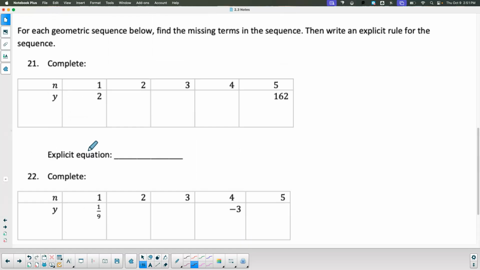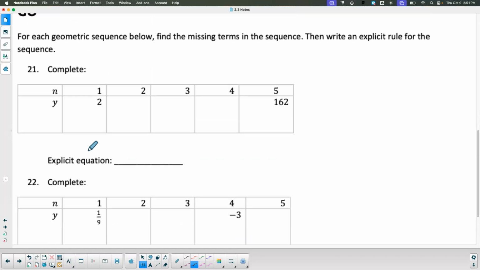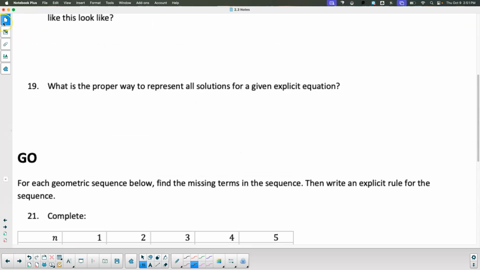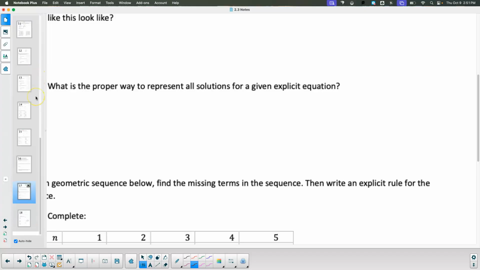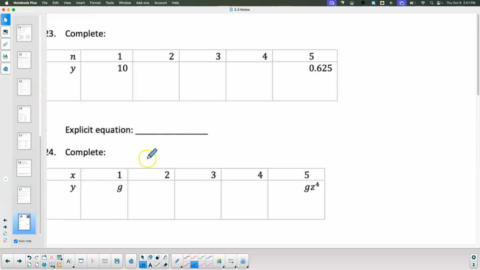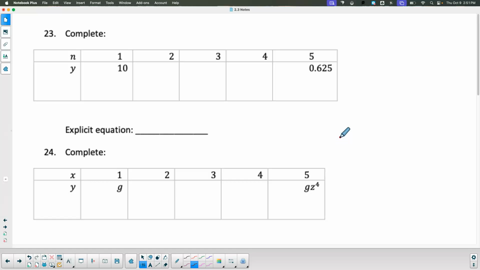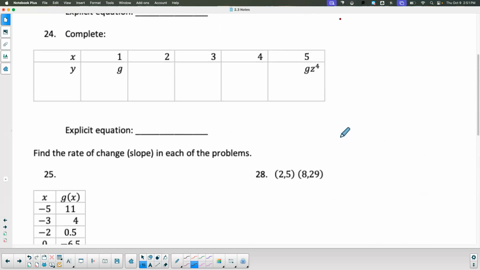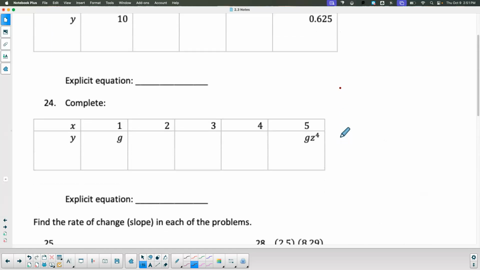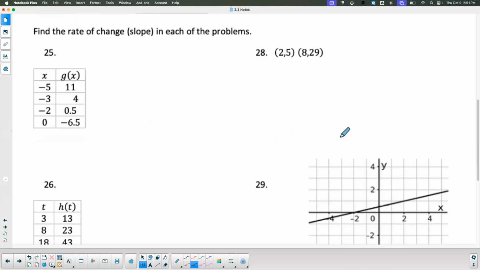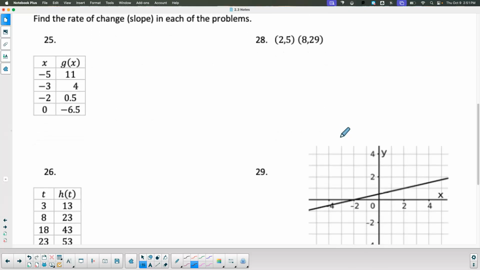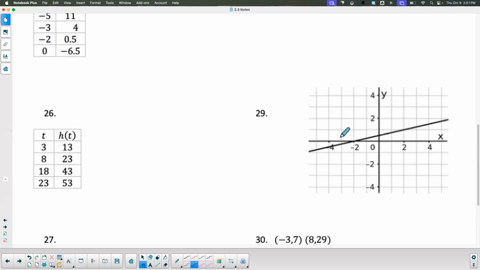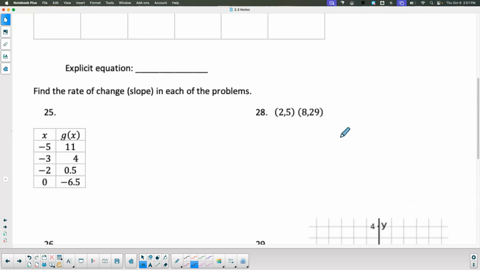Then there's 2 more geometrics to figure out. Two more in 23 and 24, and then some more finding the slopes in through 30. Okay? Sounds like a plan.